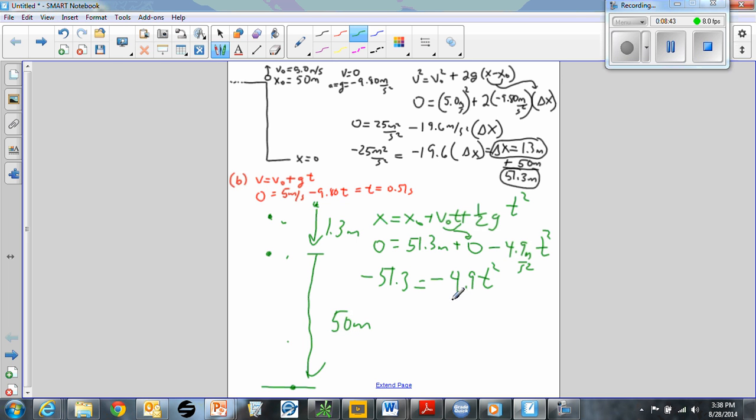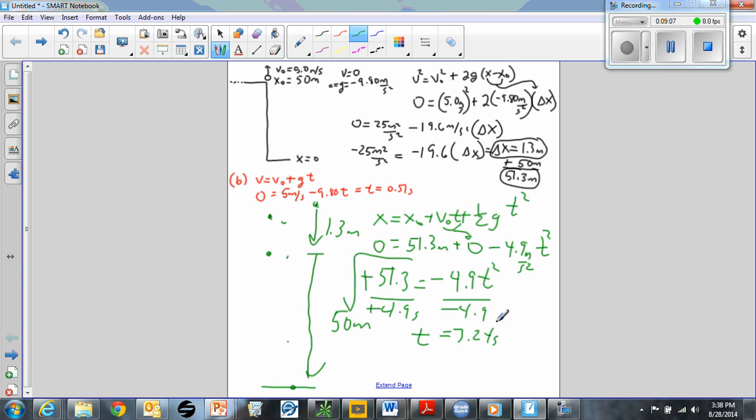All I have to do now is divide both sides by negative 4.9. Of course, the negatives divide out. I'm left with positive, which is good because we only have positive time. And then take the square root. I get t equals 3.24.